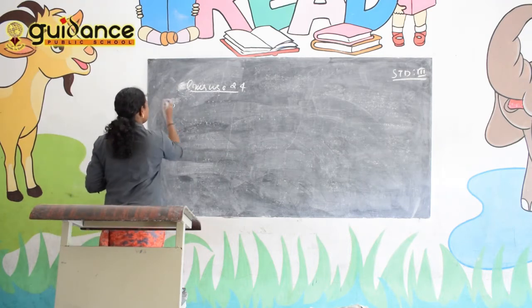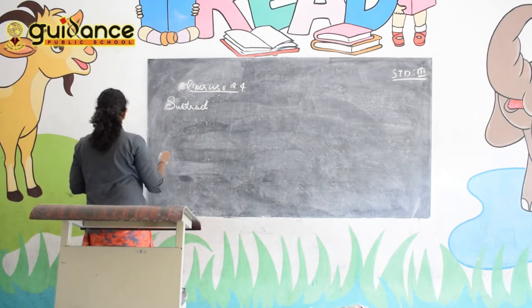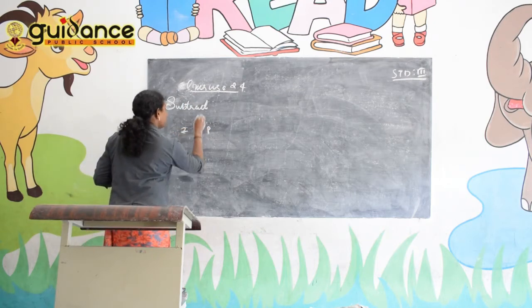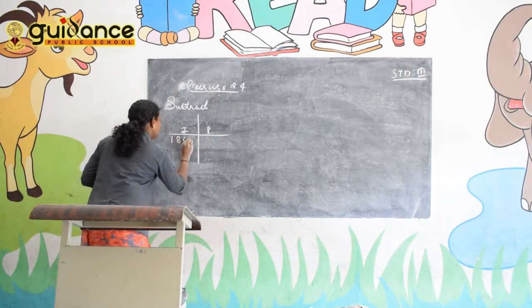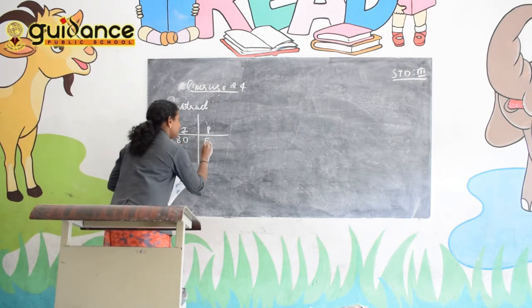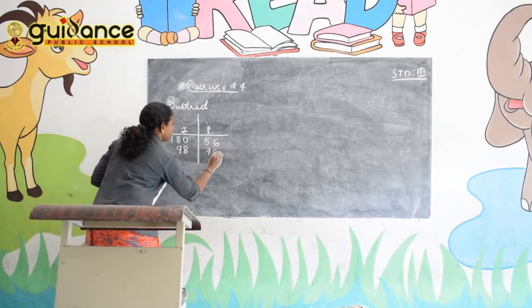First question: subtract rupees and paise. 180 rupees 56 paise and 98 rupees 70 paise.